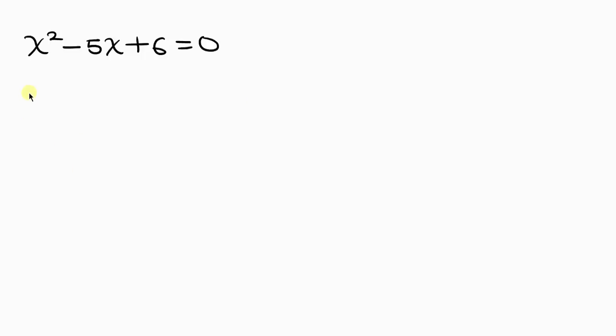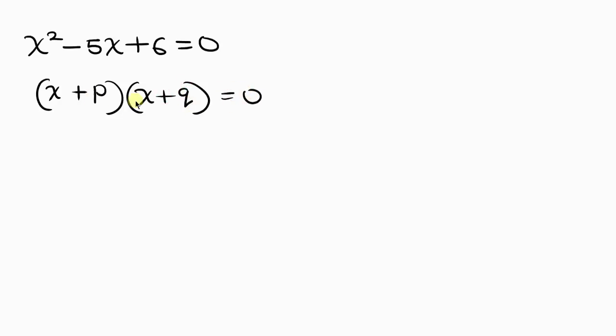Since we're going to factorize, we're going to open up 2 brackets, 2 parentheses multiplying each other. There is x squared here, so this is x times x, which results in x squared. Now I need to know what will be here. I can call this P, and call this Q, equal to 0.